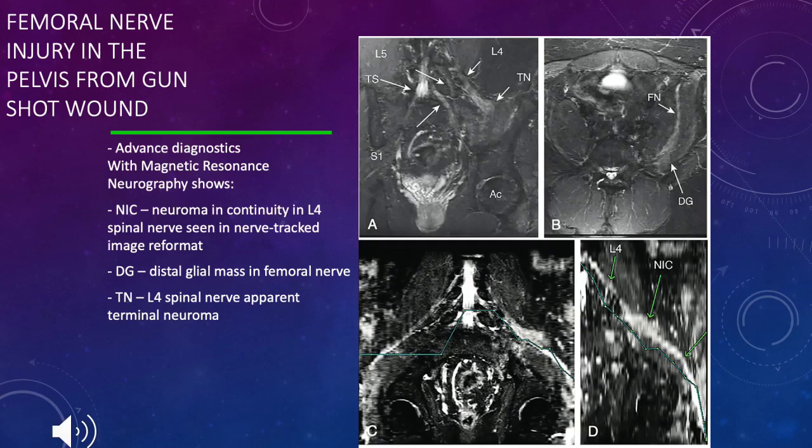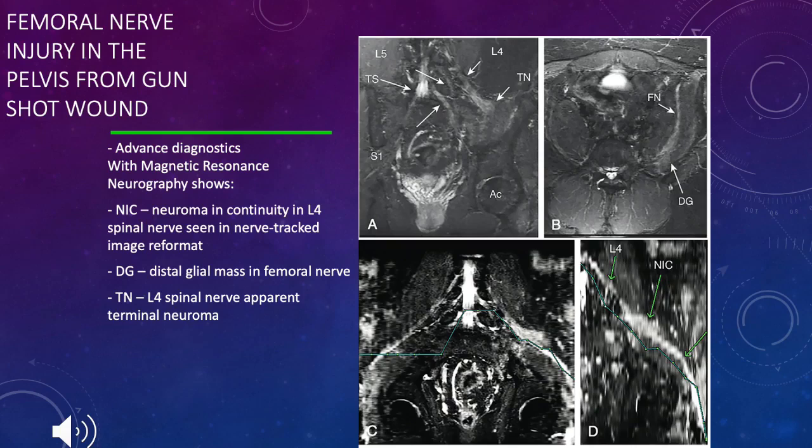Now, in contrast to the classical major explorations, my own input really is to advise a detailed MR neurography study when a complex or puzzling array of symptoms needs to be resolved. So here we have a gunshot wound into the pelvis with partial losses in a number of nerve elements.